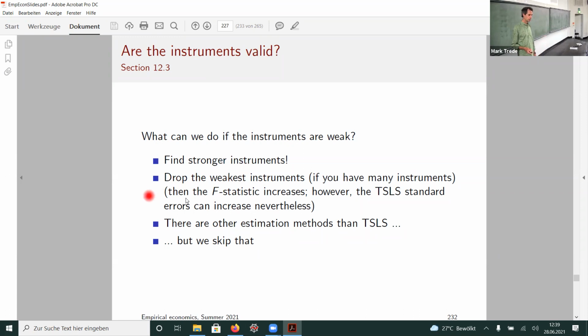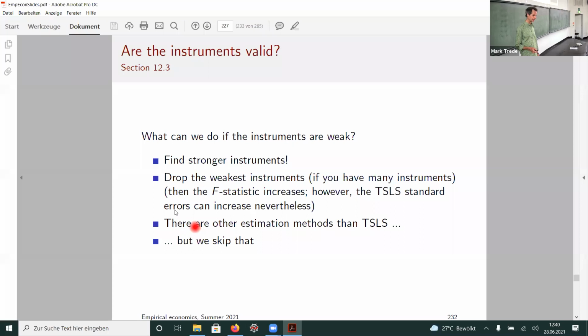Then another advice could be to drop the weakest instruments. If you have quite a large number of instruments, that might work because then the F statistic might increase. The F statistic also takes into account the number of instruments, but the standard errors can nevertheless increase because the predictive power will still not be large, of course, if you drop the weakest instruments.